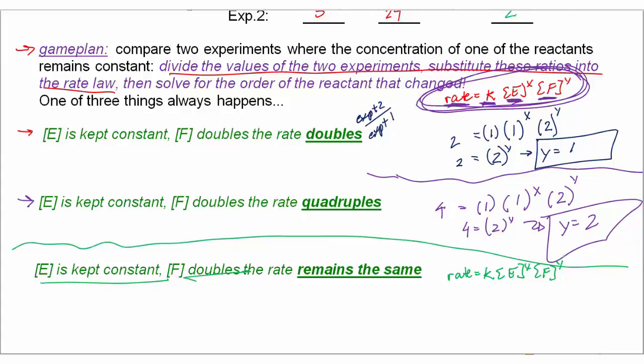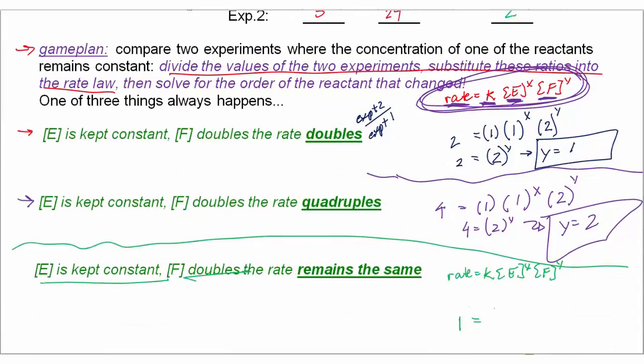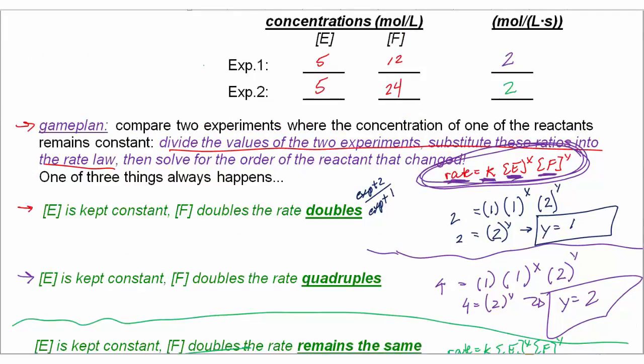So we divide the two rates, and we get 1. Divide the two rate constants for each experiment. Well, we get 1, right? Divide the concentration of E. Well, it didn't change, right, for each experiment.